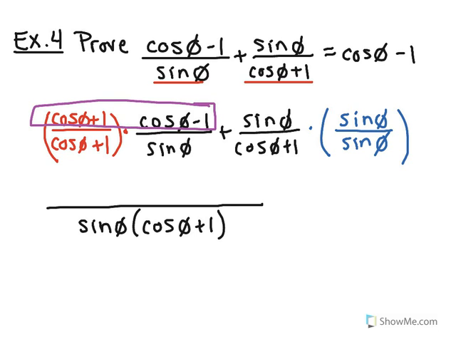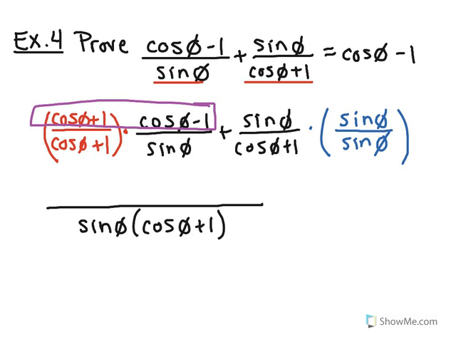Okay. Now, I want to remind you that I just previously, in the previous example, showed you how a difference of perfect squares breaks down. Okay. This is a difference of perfect squares broken down into factors.